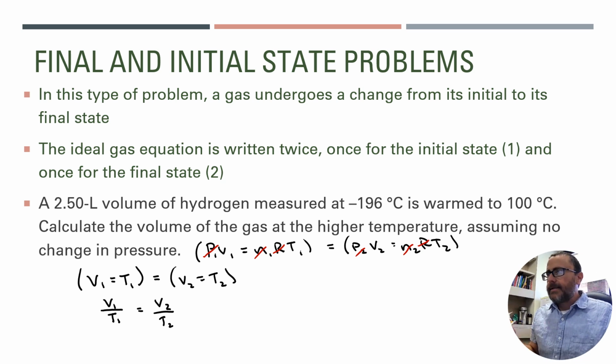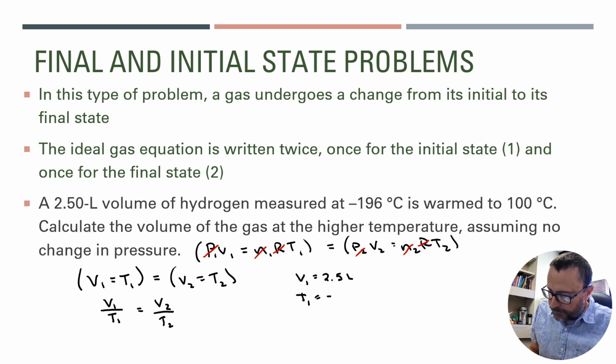Now, the next thing I'm going to do before we get too far along is call volume 1 2.5 liters. And I'm going to call temperature 1 negative 196, but we need Kelvin. So let's add 273 to that. Could add 273.15, but come on, we're not going to do that.